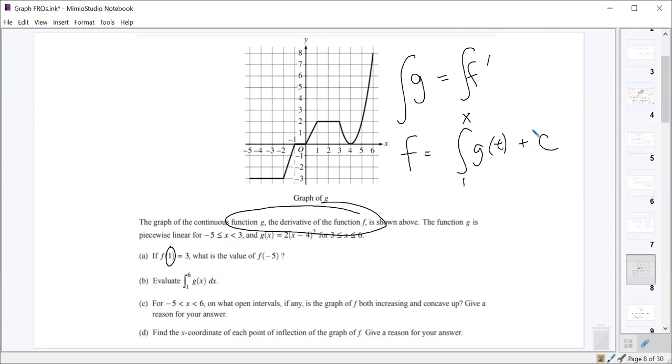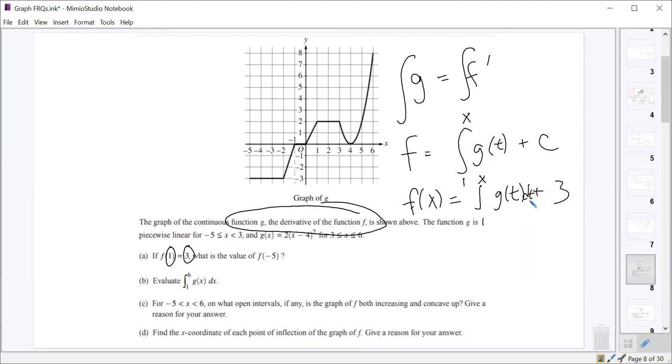The constant will be 3, because the integral from 1 to 1 of g of t is 0, and then I have to add a constant, and the value I'm supposed to get is 3. So we should know that f of x is equal to the integral from 1 to x of g of t dt plus 3.